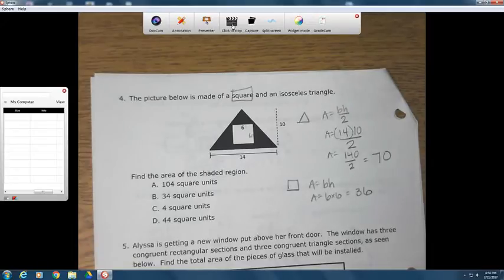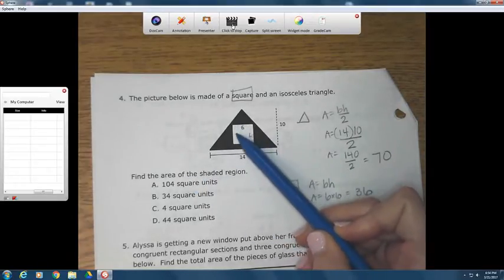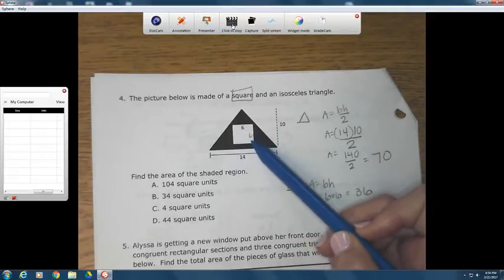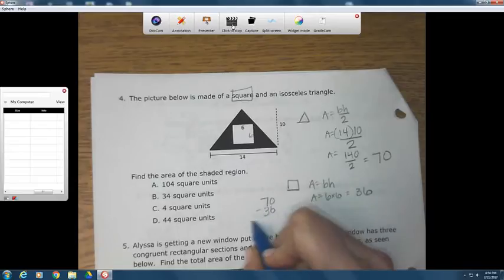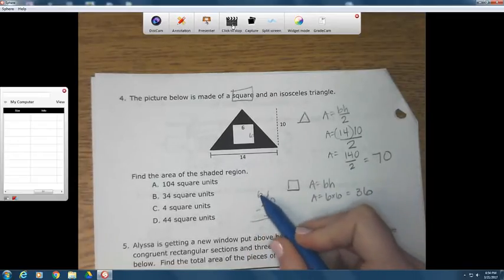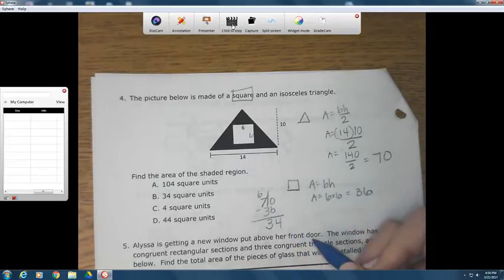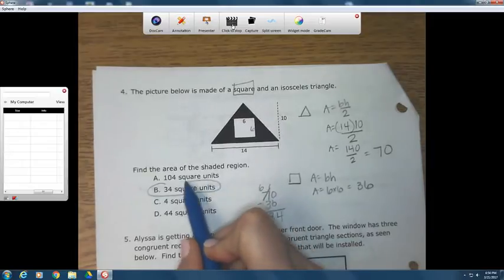And then my last step is, since I'm only wanting the shaded part, I have to subtract out the area of that square. I have to subtract 36. So 70 minus 36. So 10 minus 6 is 4. 6 minus 3 is 3. 34. And it's square units. So B.